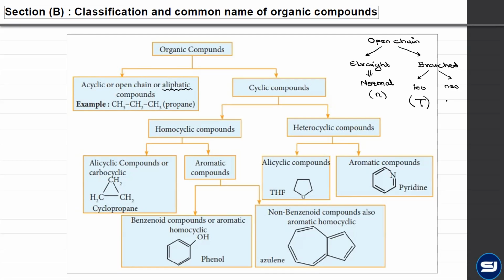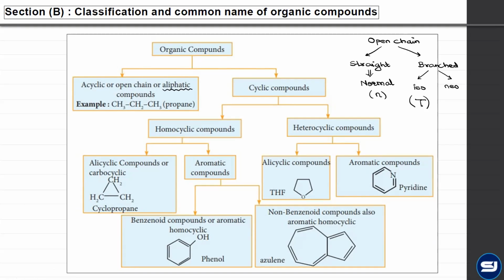Because by definition, neo are those compounds in which two carbons are branched on second carbon of the straight chain. The branch cannot be on the third, fourth, or any other carbon of the straight chain. It has to be on the second carbon only. अगर third या fourth या कोई और carbon पे है of the straight chain, then it can't be named as iso or neo. In that case, we don't have a common name available for those compounds.